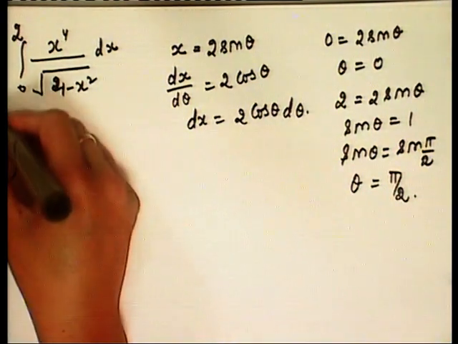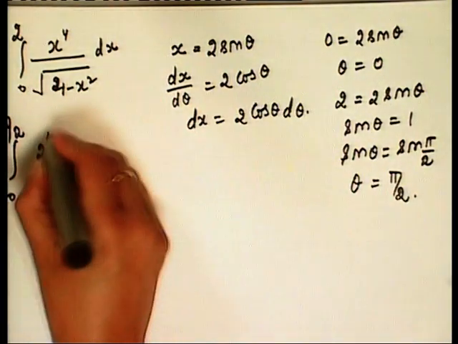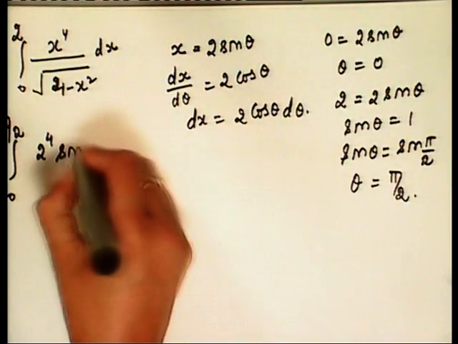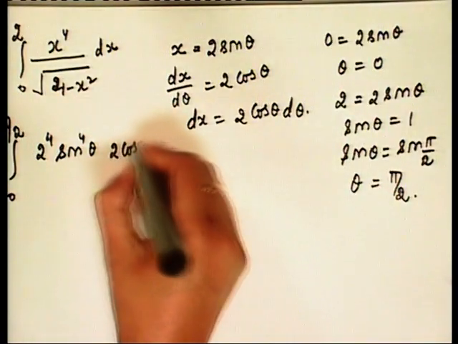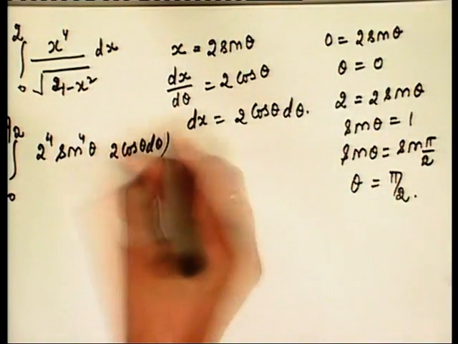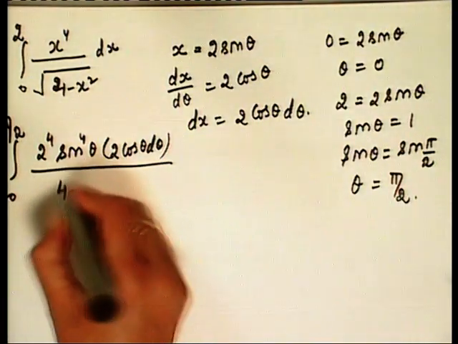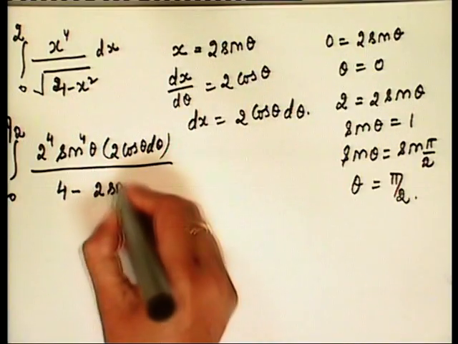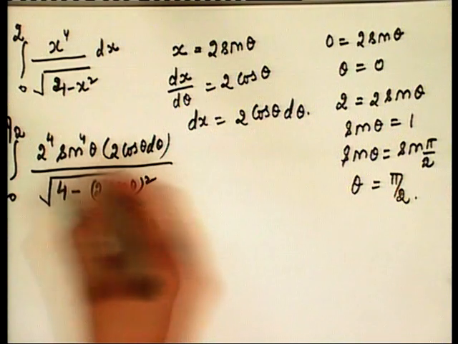So our limits become 0 to pi by 2, x to the power 4 means 2 raised to power 4 sine 4 theta, and dx is 2 cos theta d theta. In the denominator, the square root of 4 minus (2 sine theta) whole square.